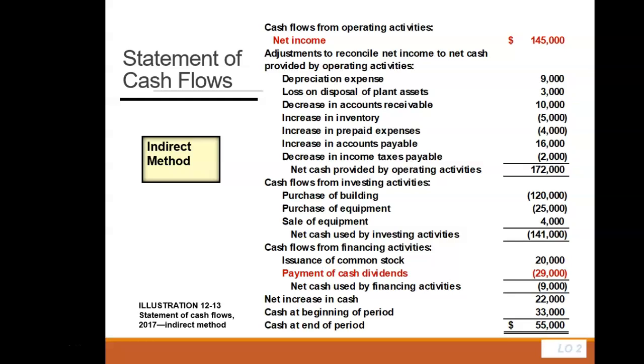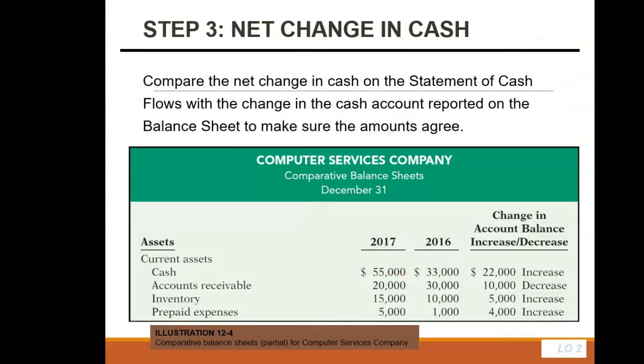So there you have it, ladies and gentlemen. You now have a full statement of cash flow using what is known as the indirect method. Okay? So once again, when you prepare a statement of cash flow, for comparison purposes, if compared to your balance sheet, the beginning balance on the statement of cash flow must be the same as the beginning cash balance.